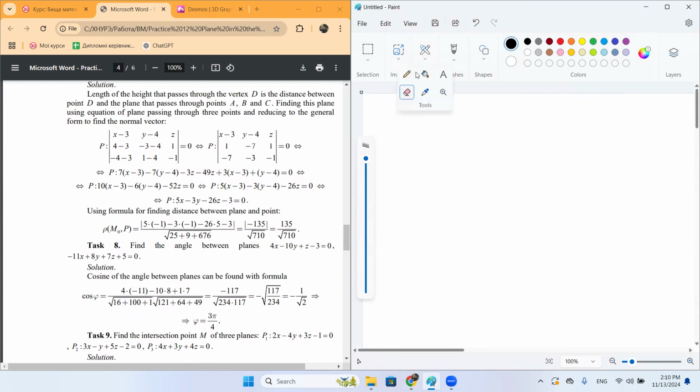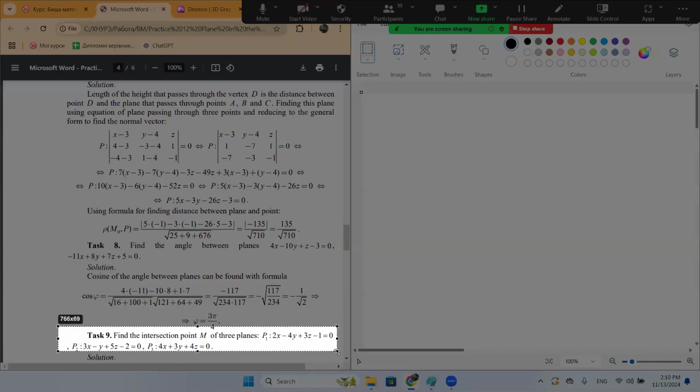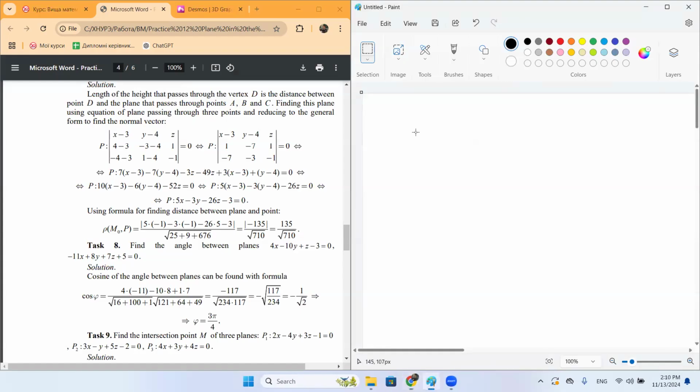And if we have 3 planes that are not parallel between each other, they always have one common point. So we have 3 planes, and we need to find their intersection point.